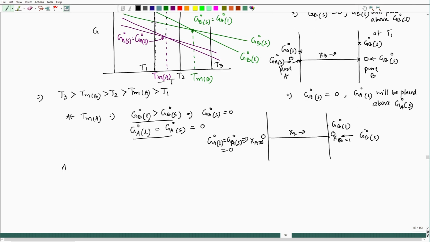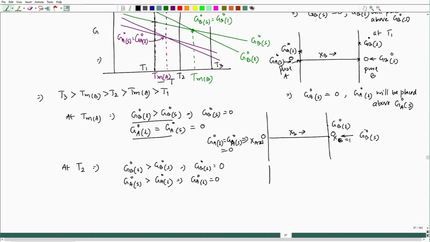Now, at T equal to T2, if I look at the free energy hierarchy, GB naught L is still greater than GB naught S with respect to this figure, but GA solid now would have higher free energy compared to GA naught liquid. So, in this case GA naught liquid will be taken as 0, and GB naught solid will be taken as 0.